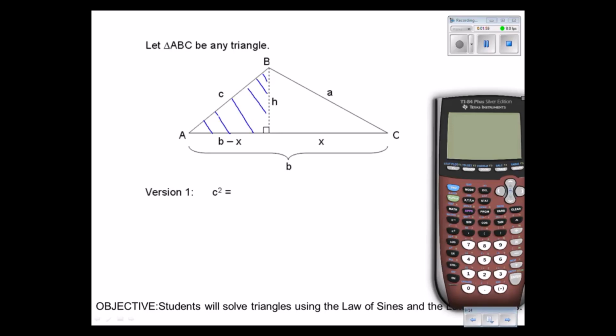And just using that left triangle, I could write a Pythagorean theorem that would state that c squared, which is the hypotenuse of that, would be equal to b minus x quantity squared plus h squared. And if I multiply that out, b minus x times b minus x gives me b squared minus 2bx plus x squared plus h squared.